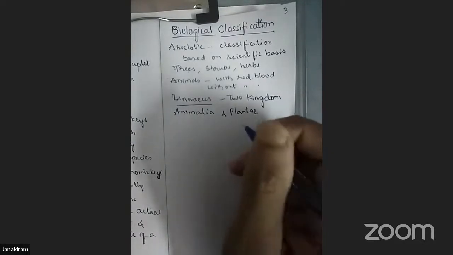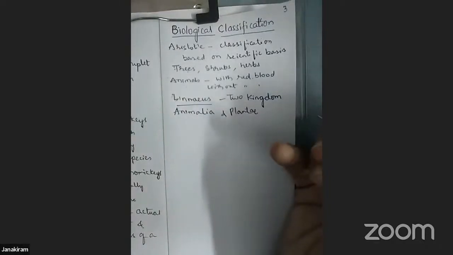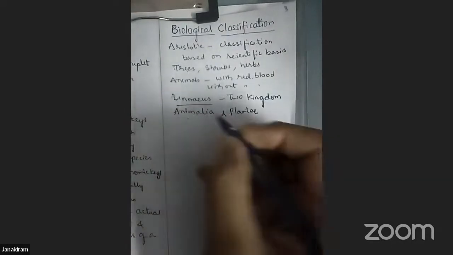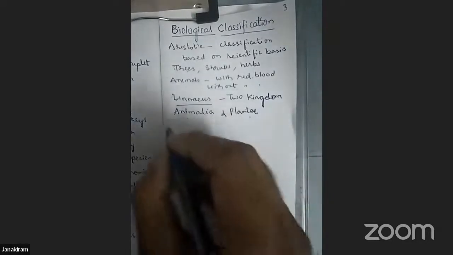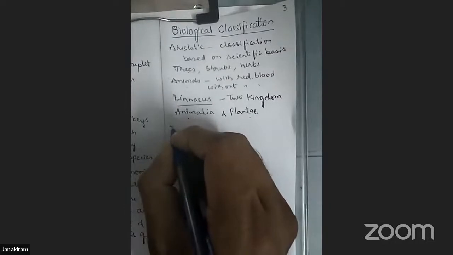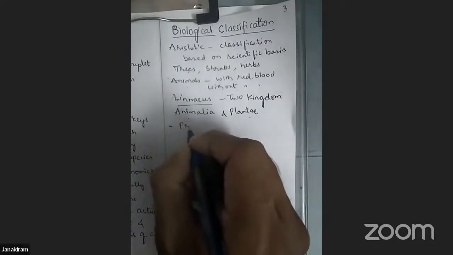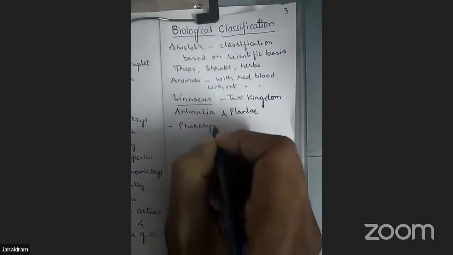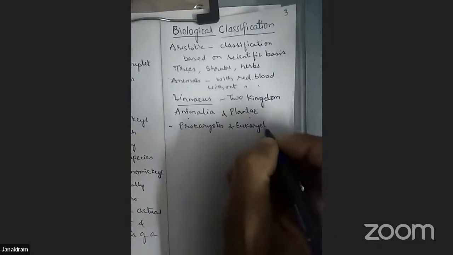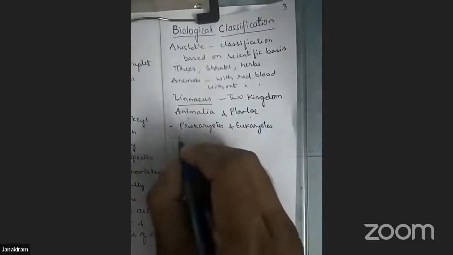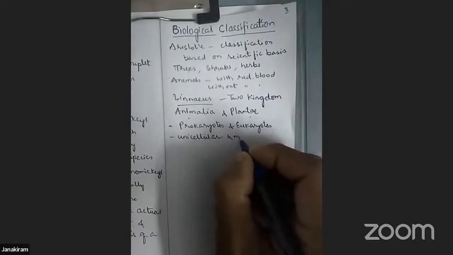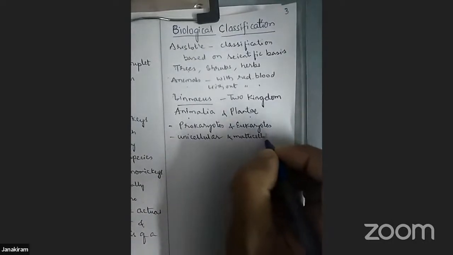In this classification, all the animals were kept under Animalia and all the plants under Plantae. But he could not differentiate between prokaryotes and eukaryotes, so some prokaryotes were kept along with eukaryotes.